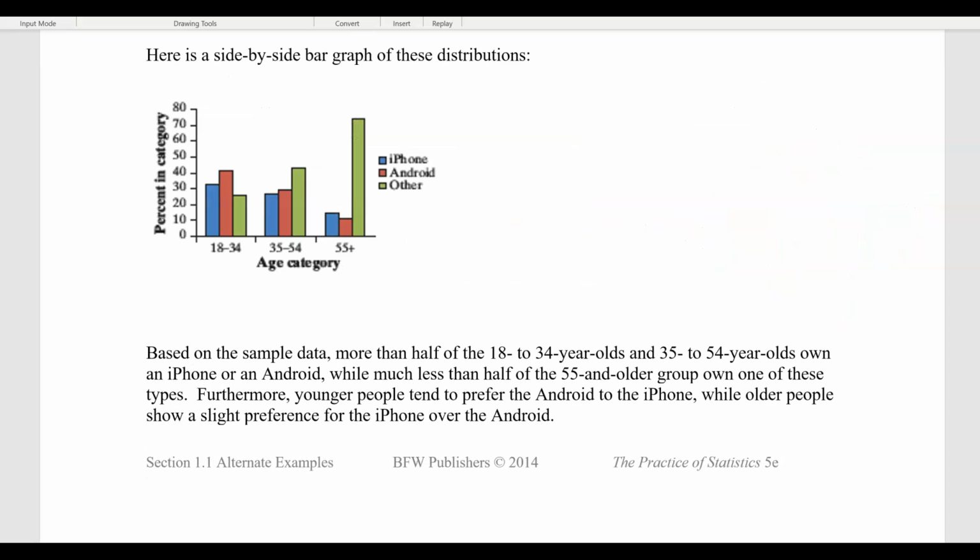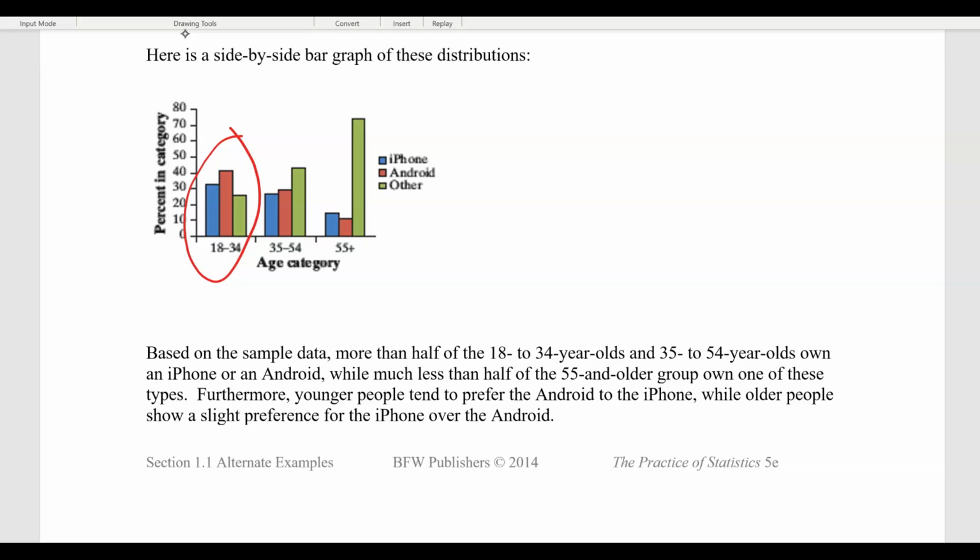So the question the statistician likes to ask here is, are the 2 variables related? Does it appear to be a relationship between the 2? And we can see when we look at these distributions, I showed you how to calculate the first one right here. This is the one that I just did, with my red pen, and we converted it to a bar graph. So we can do that for the 35 to 54, and we can see that amongst those younger age groups, the distribution's a lot closer amongst the iPhones and Androids.